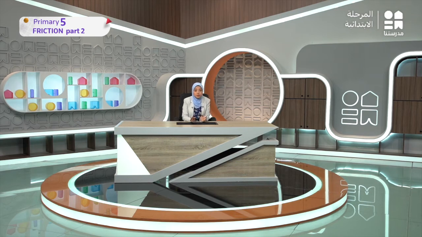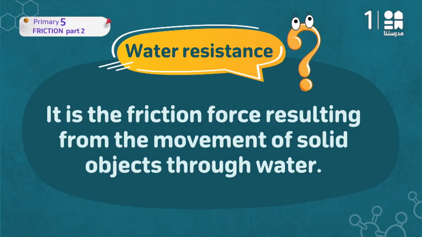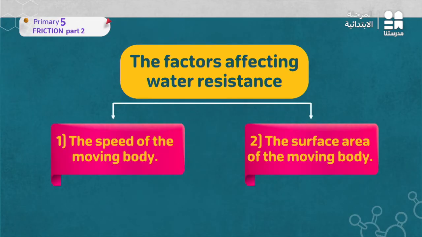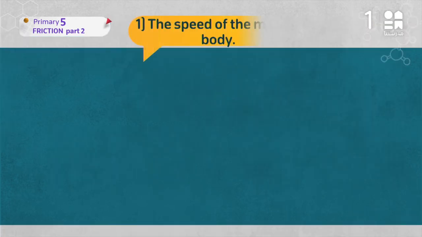طب يبقى يعني ايه water resistance؟ Water resistance it's a type of friction force that resulting from the movement of a solid object through water. نفس ال definition بتاع ال air resistance بس هنا بنتكلم عن ال water resistance يبقى through water. طب يا ترى ايه ال factors that affecting water resistance؟ The speed of the moving body and the surface area of the moving body.